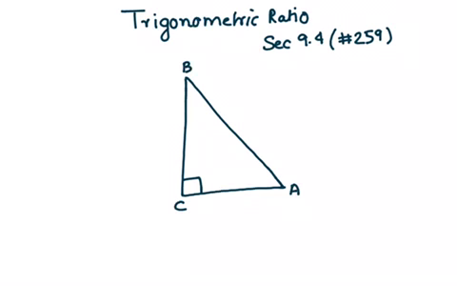Suppose I need to find the trigonometric ratio for angle A. I need to understand some basic vocabulary. I already know this is the hypotenuse, and the remaining two are legs.